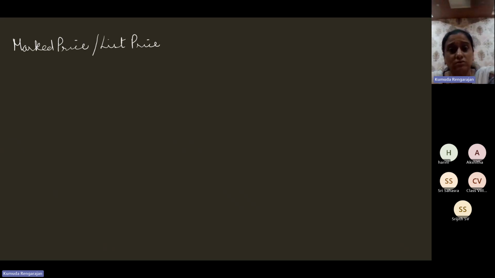So they put up good clothes, but because they want to clear the old stock and introduce new clothes in their store, they just want to dispose of their old stock. So in order to attract people to their shop, they put up their clothes on a discount. We are attracted, right, when we see the board discount sale.